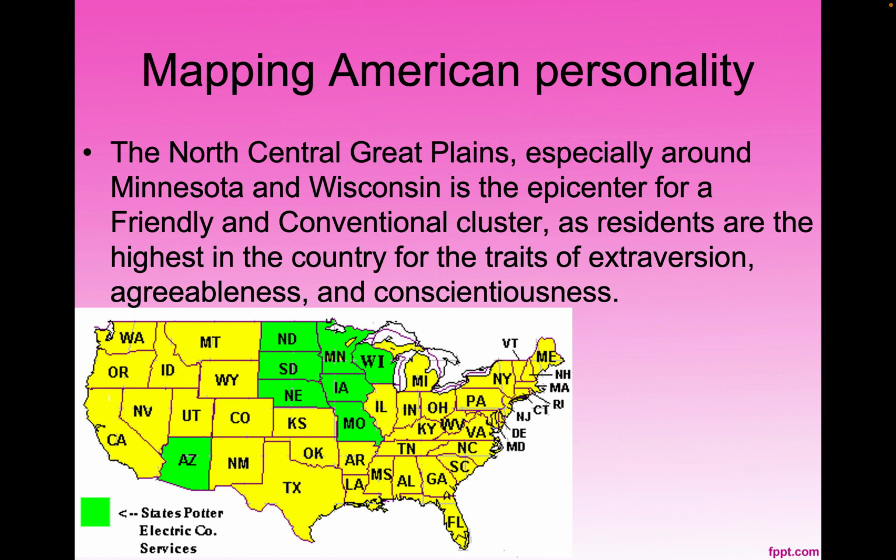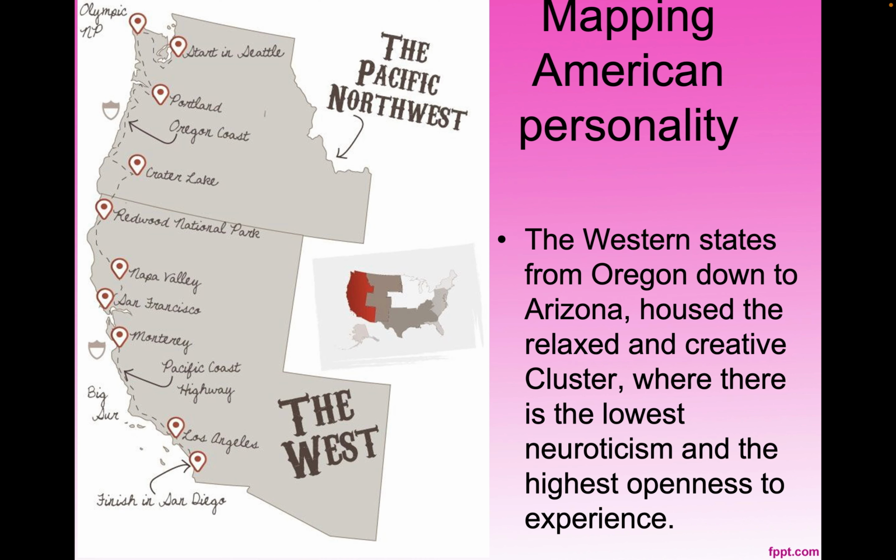The north central Great Plains, especially around Minnesota and Wisconsin, is the epicenter for the friendly and conventional cluster, as residents are the highest in the country for the traits of extroversion, agreeableness, and conscientiousness. And this is Wisconsin and Minnesota, and Iowa's right there. Maybe that's why I want to live here, because people are so nice.